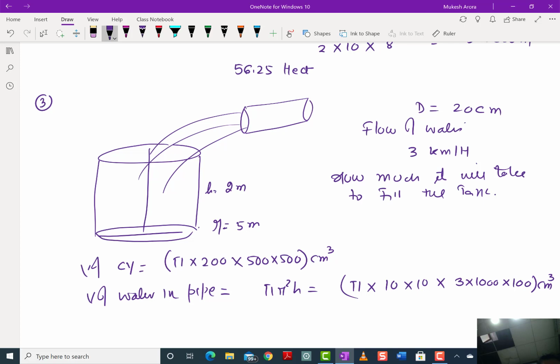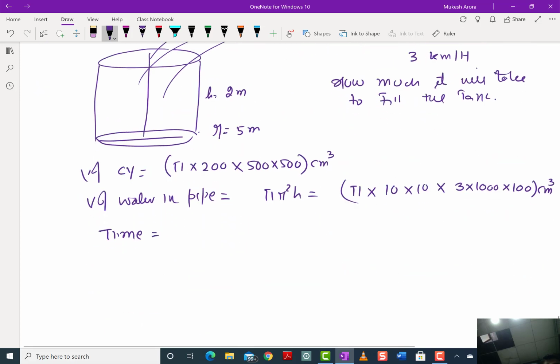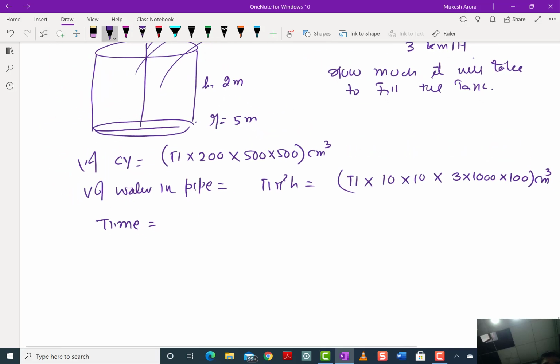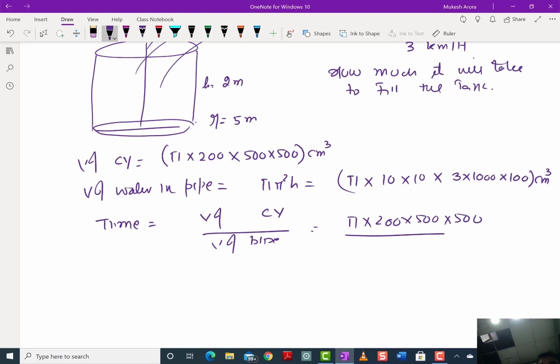So we have to find the time. Time will be volume of cylinder divided by volume of pipe. That is pi into 200 into 500 into 500 by pi into 10 into 10 into 3 into 1000 into 100.